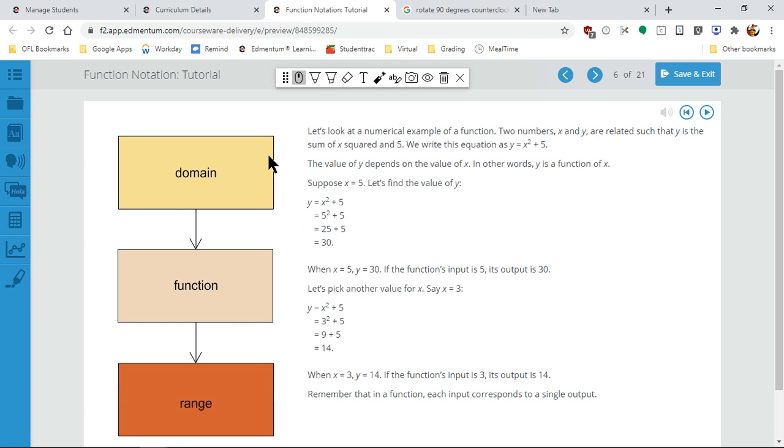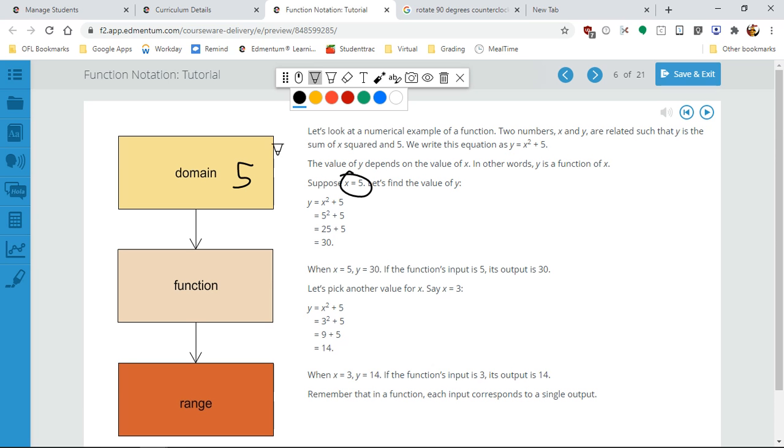And then here's an example. You have a domain, you have your input. Remember, your domain is always your X values. It goes into a function, it goes into this machine, whatever it is, and it's going to pop something out. This is going to be your output. So in this case, let's say our input is 5.